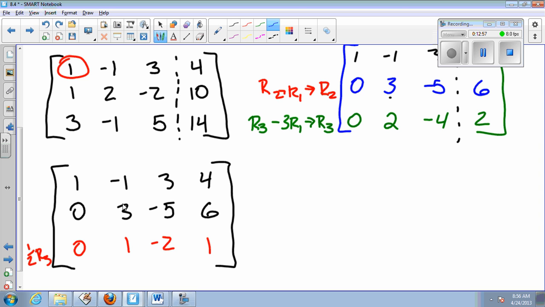So now we have this 1 entry. Actually, let's go ahead and get rid of this 3. So we're going to take row 2 minus 3 row 3. Row 1 stays the same.